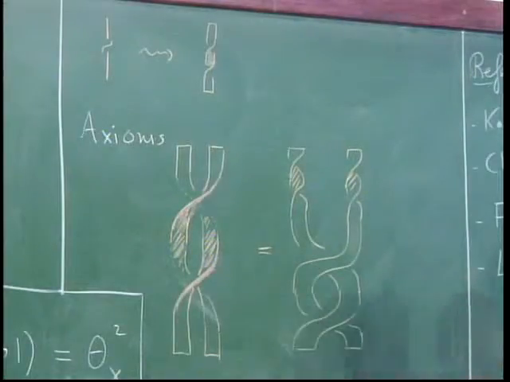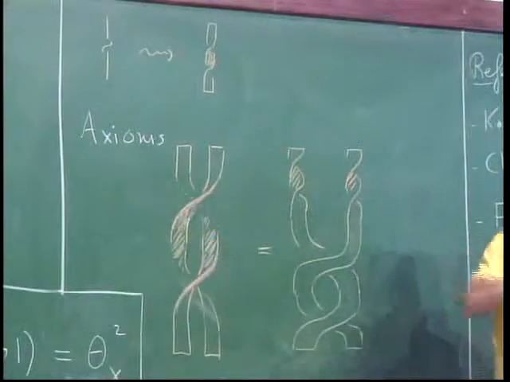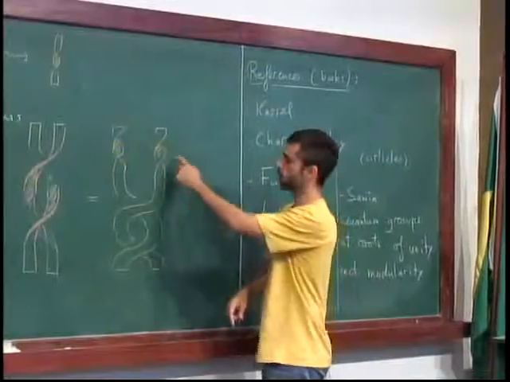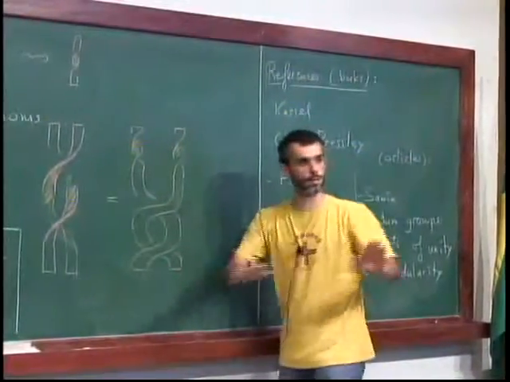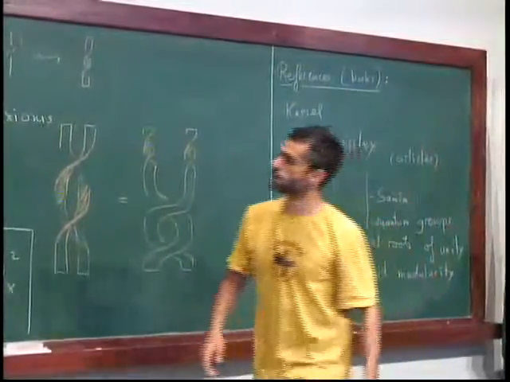So these two ribbons, they do two different things. They do a full braiding, and then they each do a full twist. And here I've separated the braiding and the twist. The twist comes here, and then the braiding comes there without any twist. These two things are the same. So that's a justification for this.